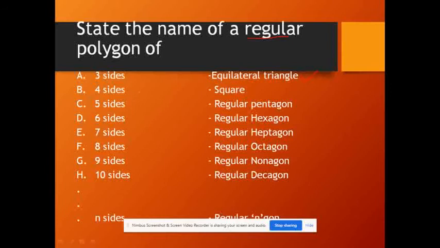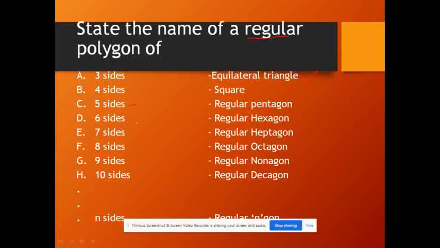When we compare a square with a rhombus, all four sides are equal, but the angles of the two shapes vary. A square has all its angles the same, unlike a rhombus. Then, a polygon which consists of five equal sides and angles is called a regular pentagon.